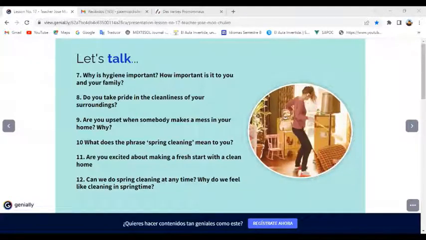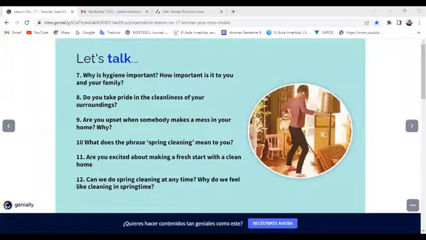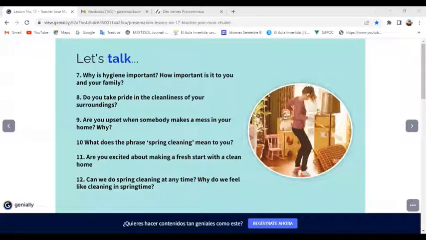Well, I think for me it's more comfortable to have the hygiene because you have a better space for you and for your family. Okay, thank you, Alejandro. You also mentioned to avoid getting infections, and it's more comfortable for you to have a clean space and also for your family.